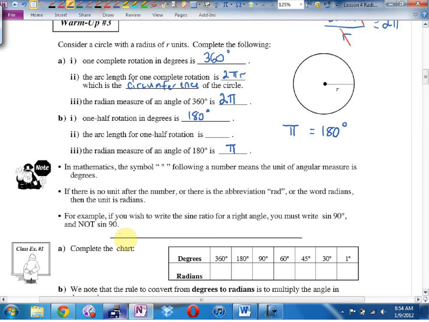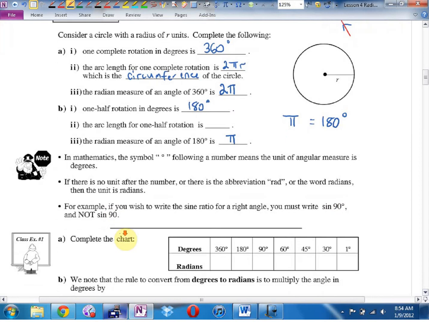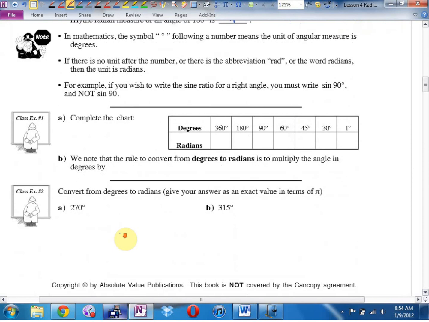Example 1 says, complete the chart. 360 degrees, we already said, was 2 pi radians. The one that I have memorized is this. 180 degrees is pi radians. How does that help me? Well, 90 degrees is what fraction of 180 degrees? 90 degrees is pi by 2.